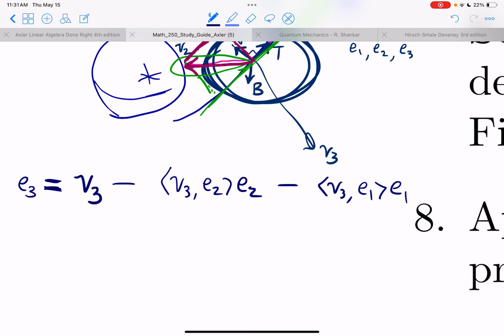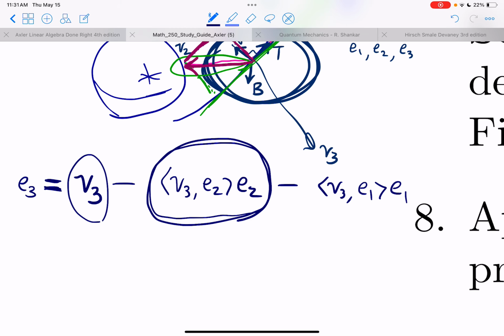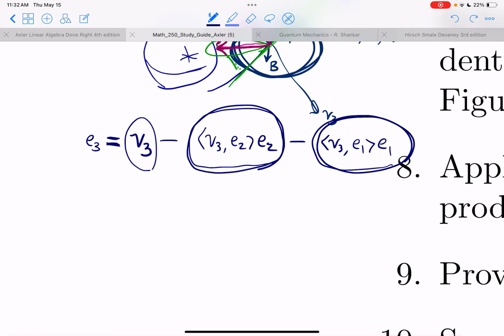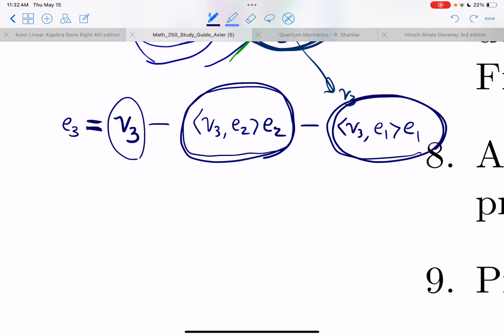So I take my V3, it's pointing in the wrong direction. I subtract off the piece that's pointing along the E2 direction, and I subtract off the piece pointing along the E1 direction, and that makes it so that E3 is orthogonal. This new E3 produced that way is orthogonal to E2 and orthogonal to E1. And let's see that. If I take this vector here, what is E3 dot E2?